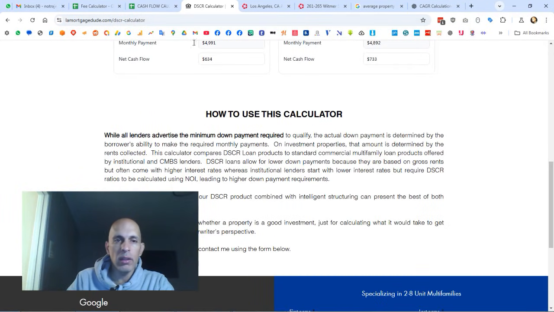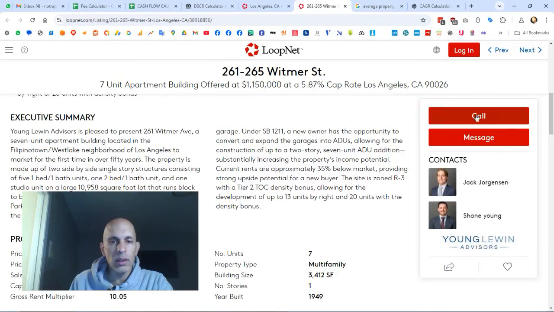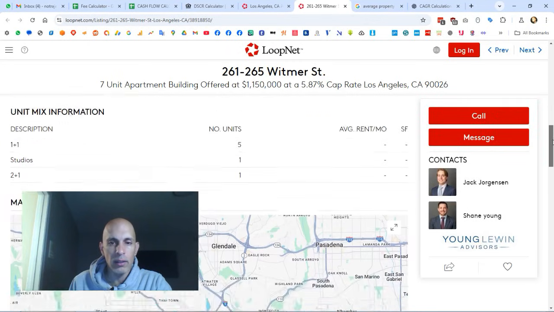So you're getting a 13.2% return on your money with 261 to 265 Whitmer Street in Los Angeles.